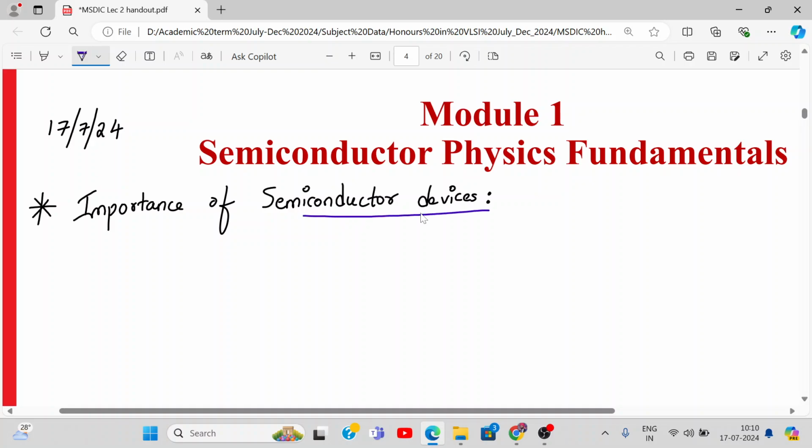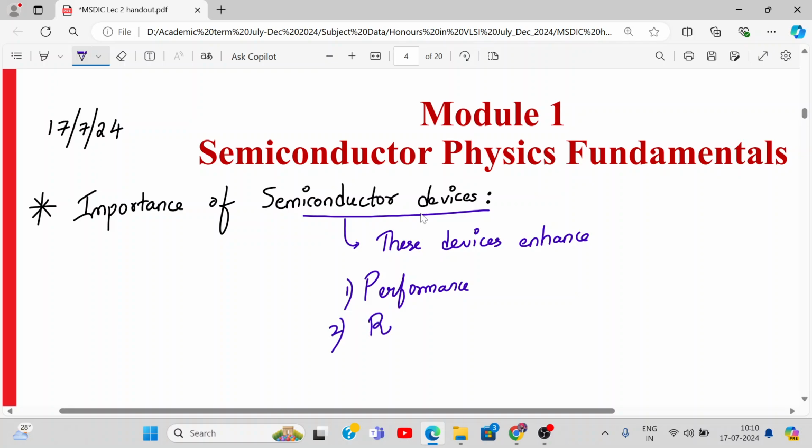So now these semiconductor devices enhance performance, number one, reliability, and cost effectiveness of two systems.